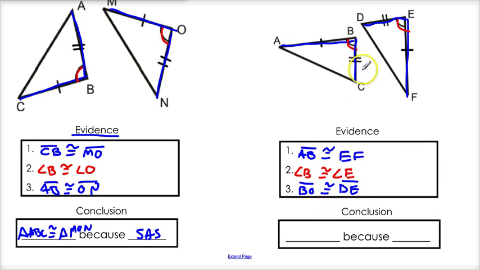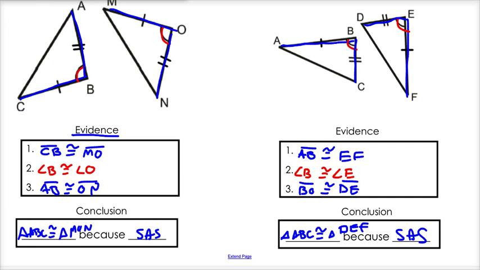Once again, I know that these two triangles are congruent because of side, angle, side. The angle is in the middle in both of those. So triangle ABC is congruent to triangle DEF because of side, angle, side.